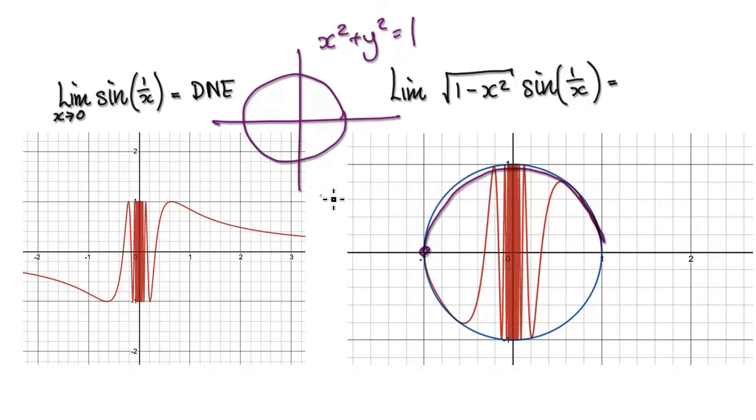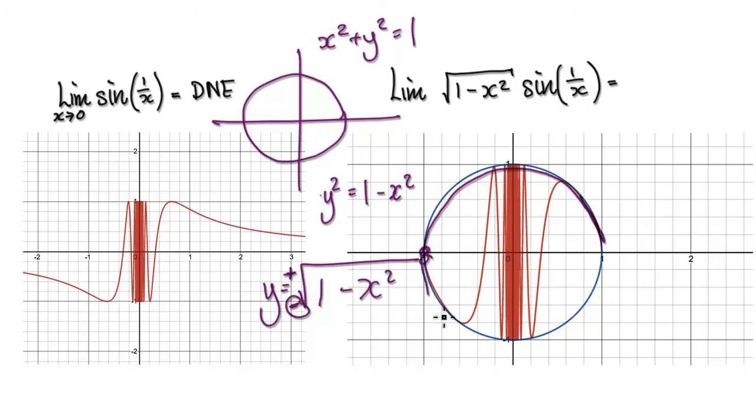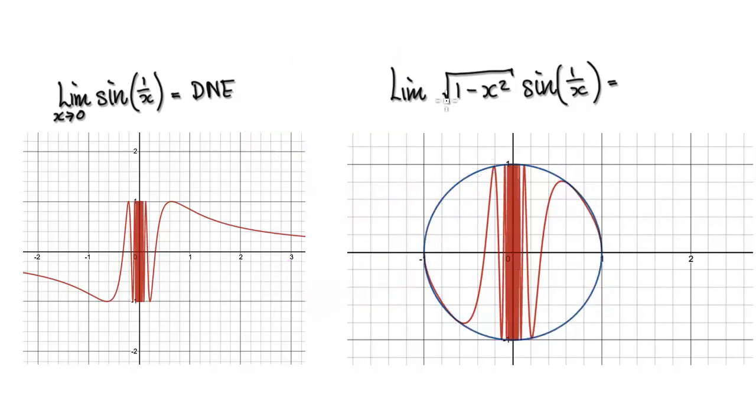That would be y squared equals 1 minus x squared, and then square root both sides, so y equals root 1 minus x squared. The point is that when you square root something, you get the positive version and the negative version. The negative version is this strand here, and the positive strand is this strand here. So let's discard the negative and consider the positive only.